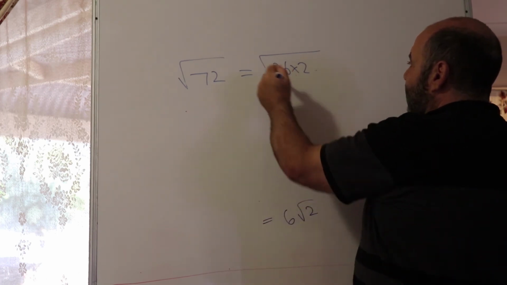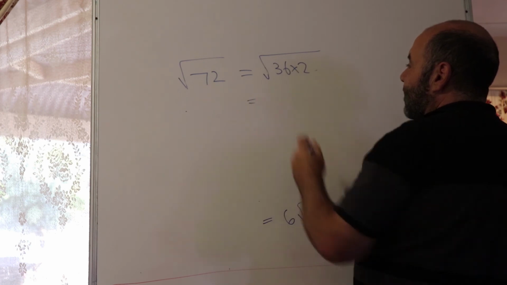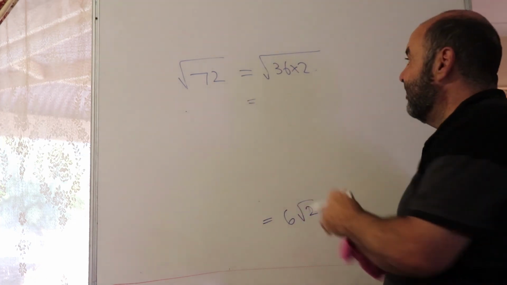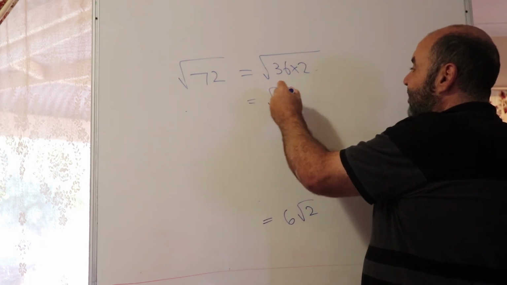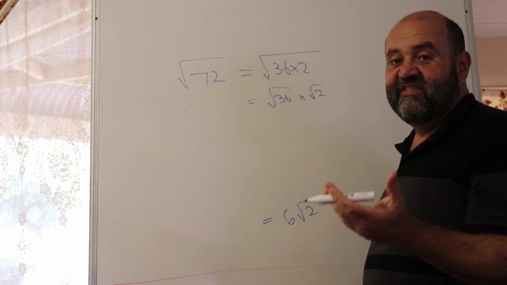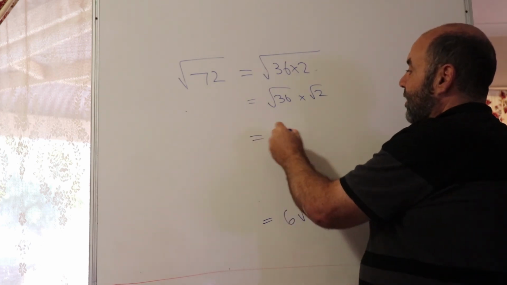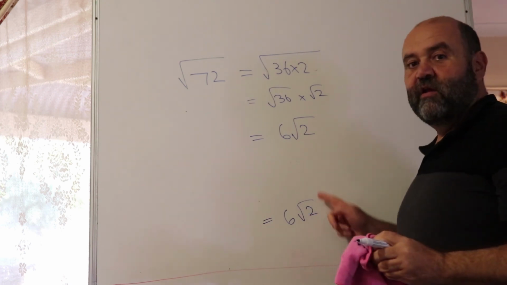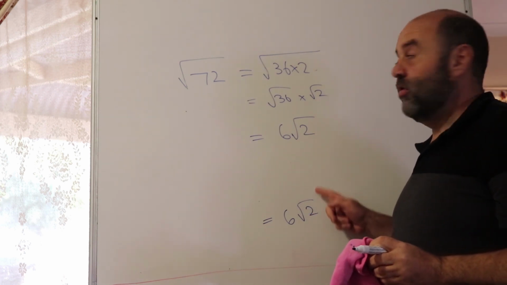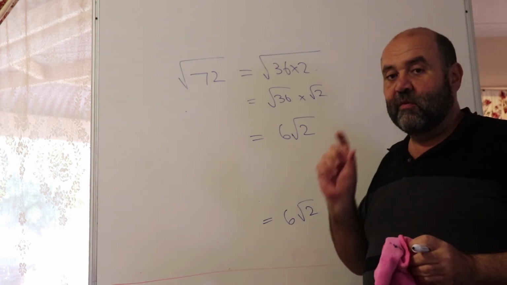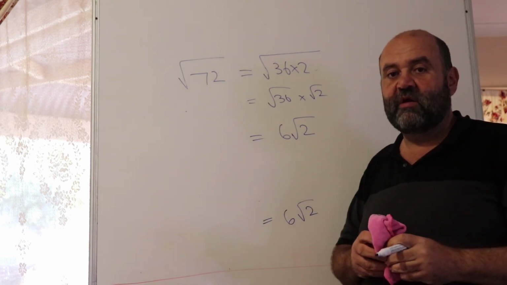Well, then we'd say that using our property of multiplying terms under a radical sign, that's the square root of 36 times the square root of 2. The square root of 36 is 6 times root 2, we just write it as 6 root 2. And look at that. We've saved ourselves a heck of a lot of working out, nice and simple, because we're a little bit more careful and we found the biggest square number that went into our surd.